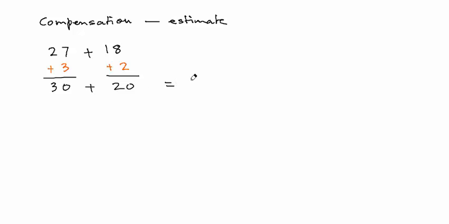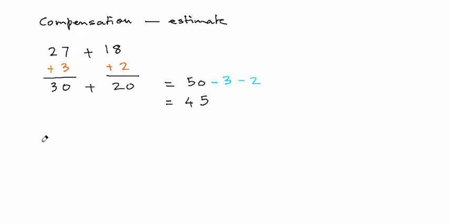The answer is 50. But because you added 3, this time you need to subtract 3 and then also subtract 2 because you added 2. So the final answer is 3 less and 2 less than 50. 50 minus 3 is 47. 47 minus 2 is 45.